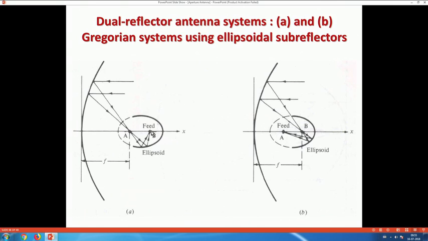So, suppose I put the feed here. Now, this A is such that it is focusing the rays here. Suppose it is a receiving system.